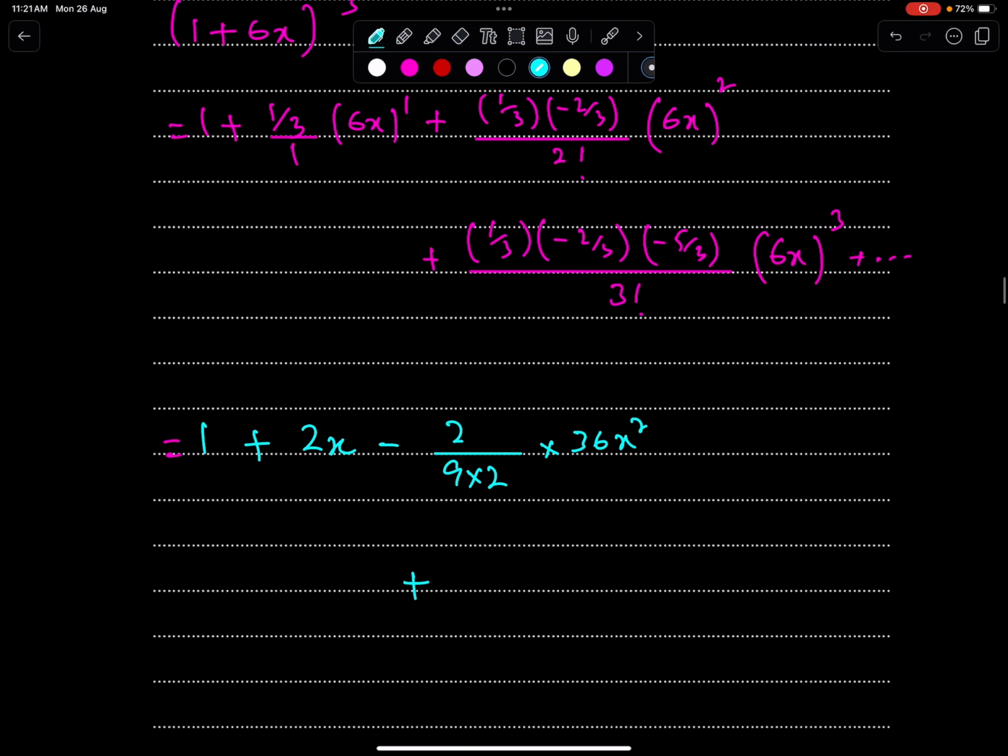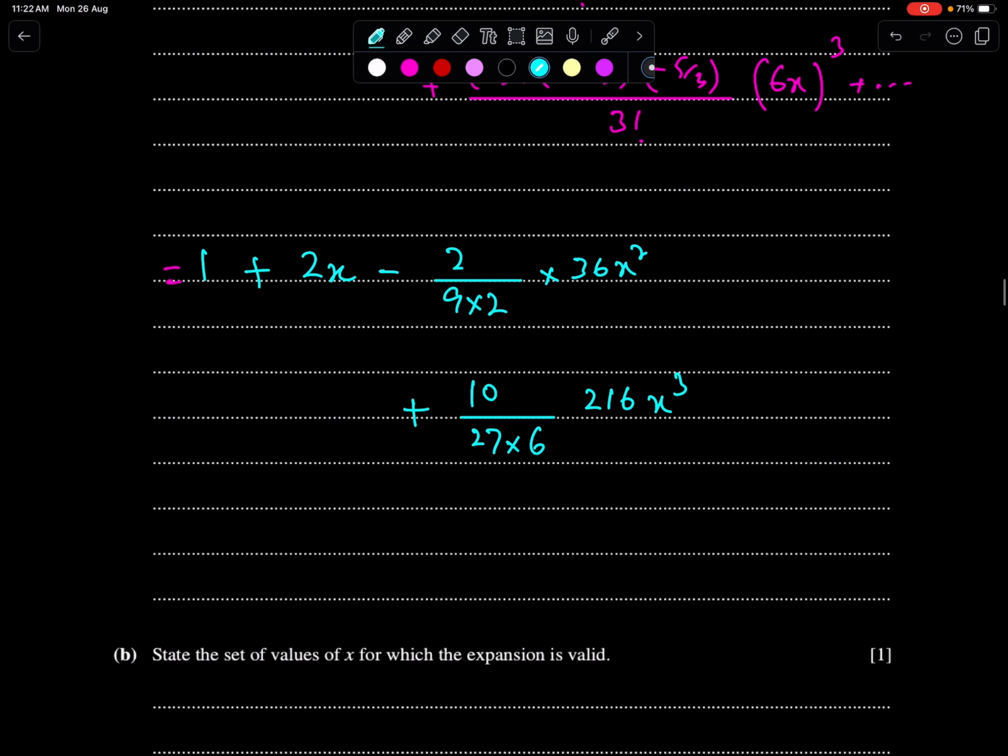Then we have 1 upon 3, 2 upon 3, 5 upon 3. So this will become plus 10 upon 27 times 3 factorial is 6, and 6 cube is 216. So 1 plus 2x. Now we need to cancel this 2 with this 2, and 9 for the 36.